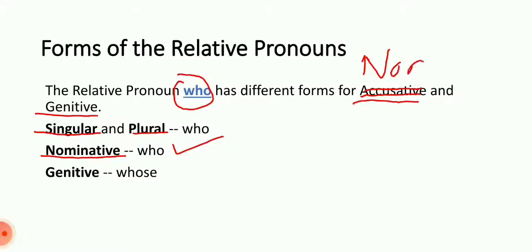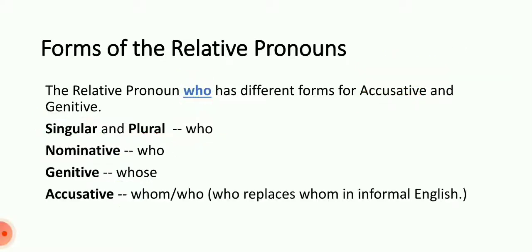What does nominative mean? Nominative means the subjective case. So nominative is who, and the genitive case of who is whose. When we use the genitive or possessive case, it becomes whose, and the accusative case of who is whom.